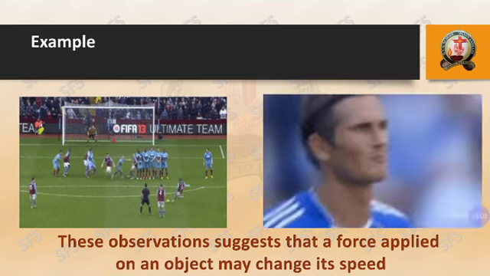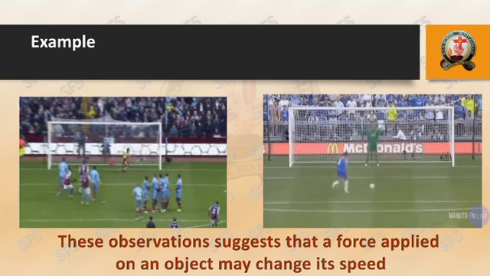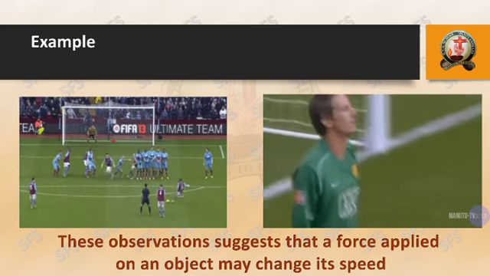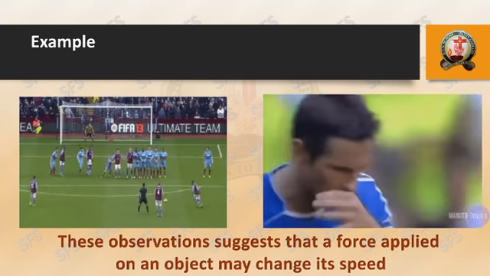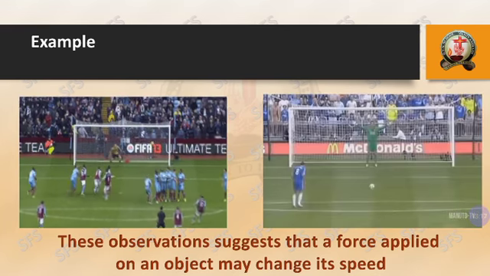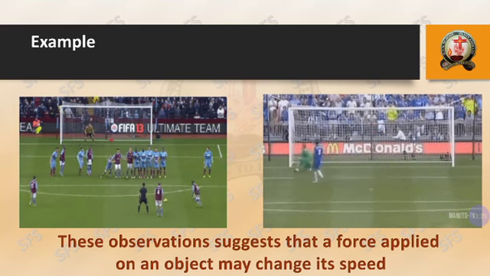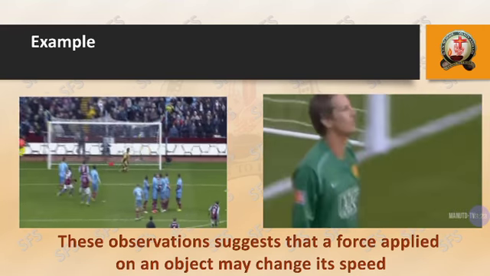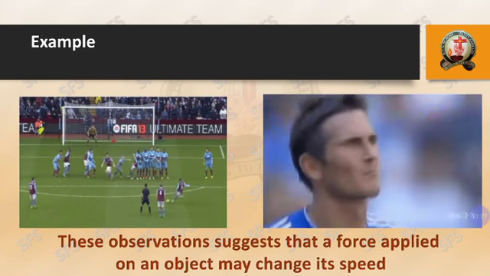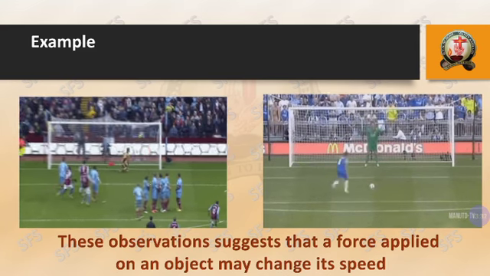The same way in the case of football, if the ball just moves straight, you can easily hit the goal. But if the goalkeeper manages to save the ball using his hand or leg or any body part, the ball will not reach its destination; instead it will either change its direction or stop.